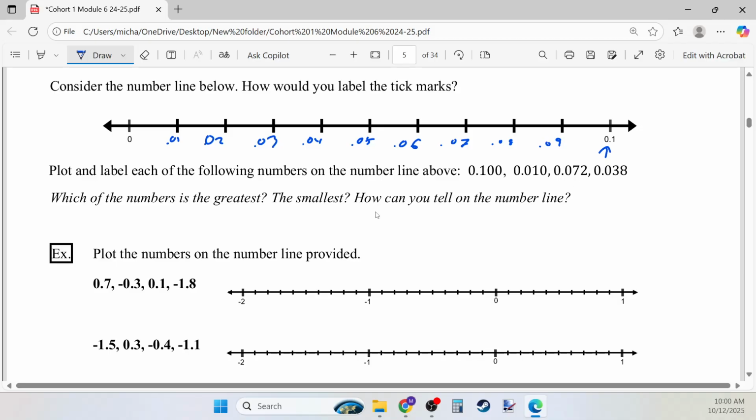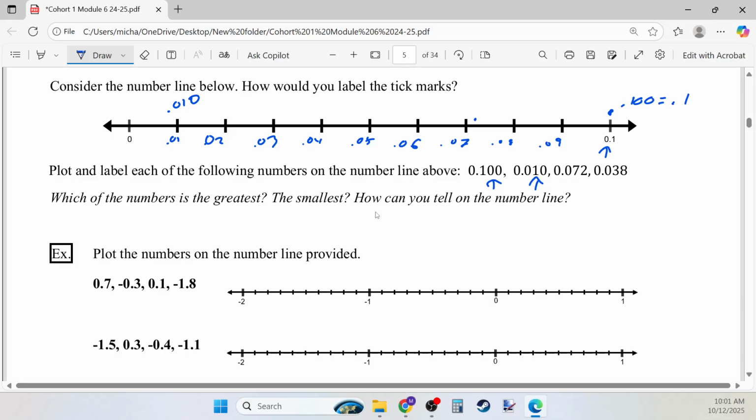And there are my labels, equally spaced. Plot and label each of the following numbers on the number line. This one is here. Because 0.100 is the same as just 0.1. Trailing zeros don't matter on decimal numbers. Same thing, this is going to be right here. 0 there.